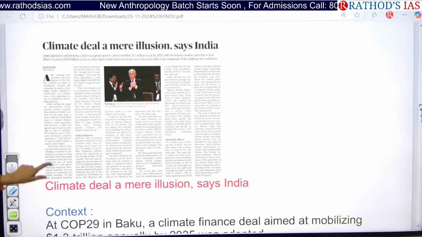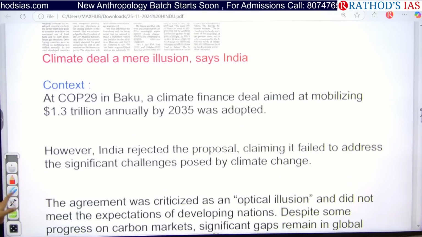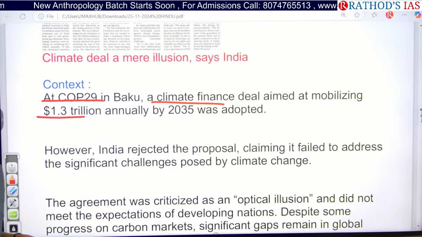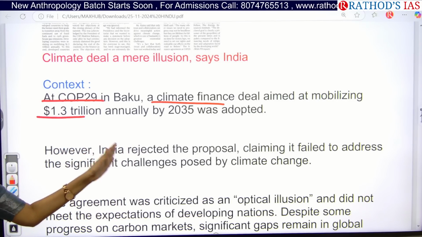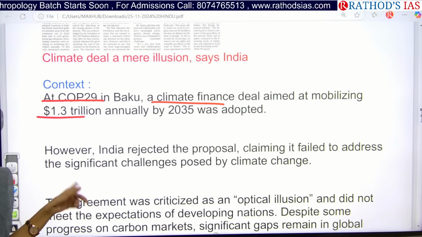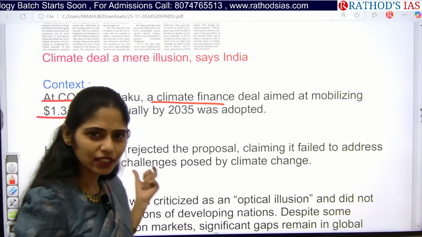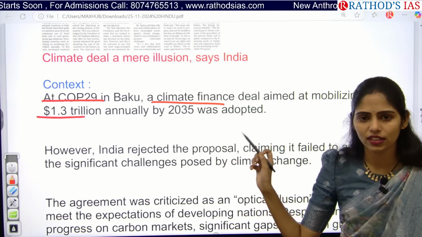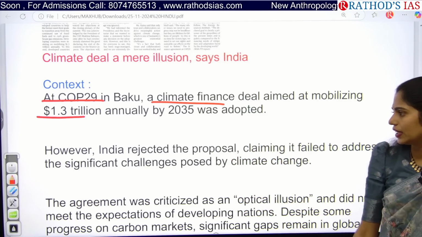Okay, so this article is saying that at COP29 in Baku, a climate finance deal aimed at mobilizing $1.3 trillion annually by 2035 was adopted. So the highlight of this COP29 is, yes, they said that we are going to give climate finance of $1.3 trillion every year till 2035.